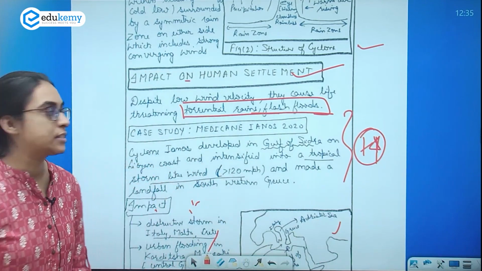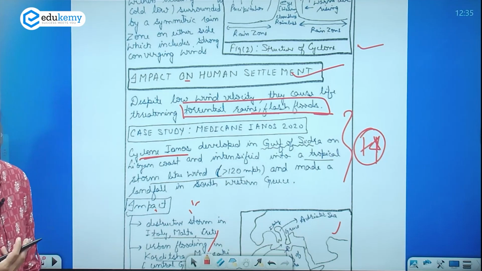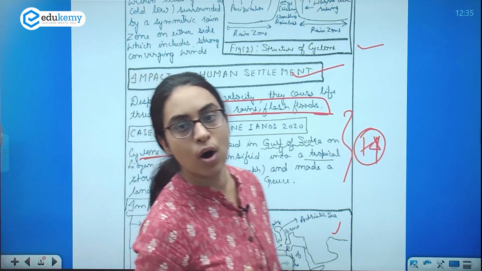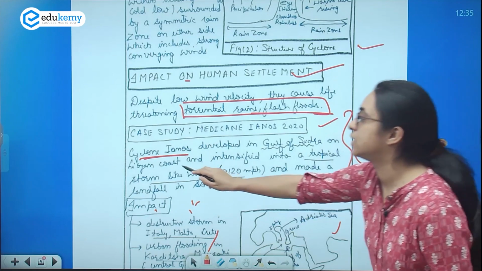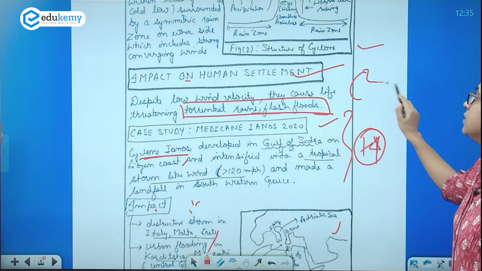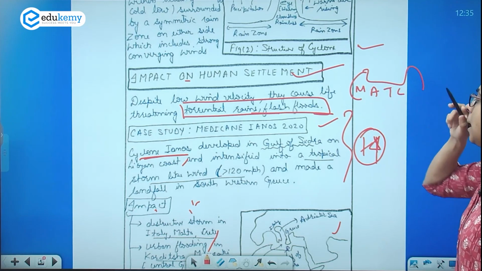You can write the case study that cyclone Ianos developed in the Gulf of Sidra on the Libyan coast. So this is the Mediterranean Sea. You know that it is Morocco, Algeria, Tunisia, Libya.